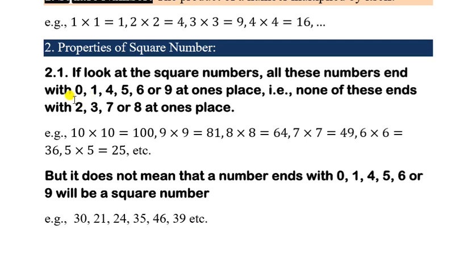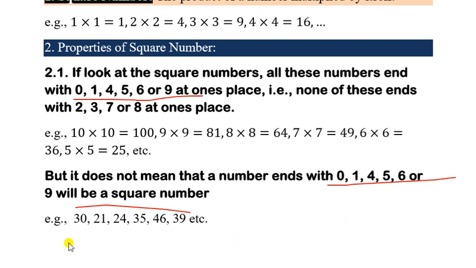But it is a sufficient condition, it is not necessary. For all square numbers, you will get only 0, 1, 4, 5, 6 or 9. But it does not mean that every number that ends with 0, 1, 4, 5, 6, 9 will be a square number.